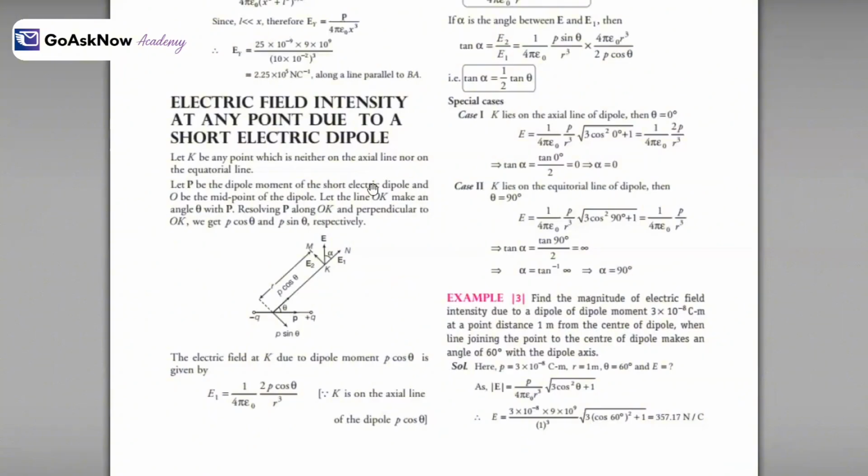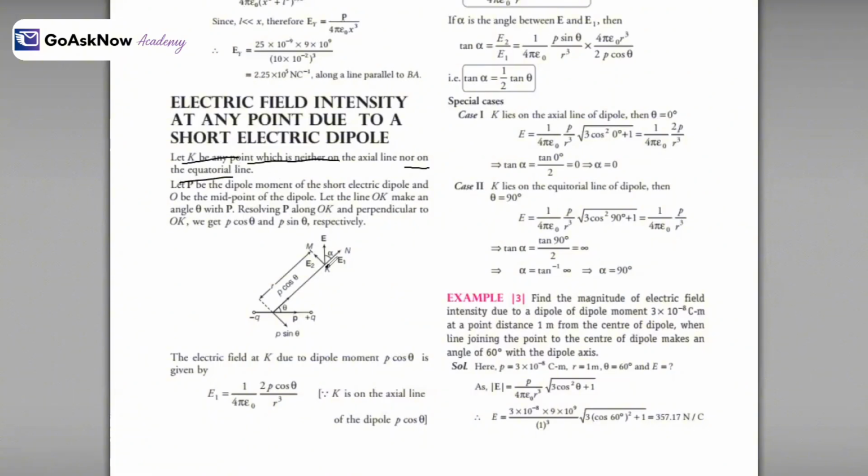But if we have to calculate the field at any point that is random or general, how do we calculate that? So we will see here. Let K be any point which is neither on the axial line nor on the equatorial line.